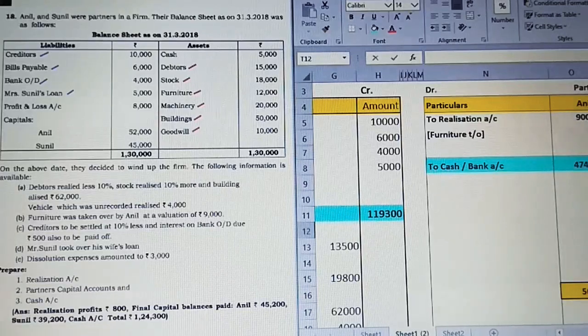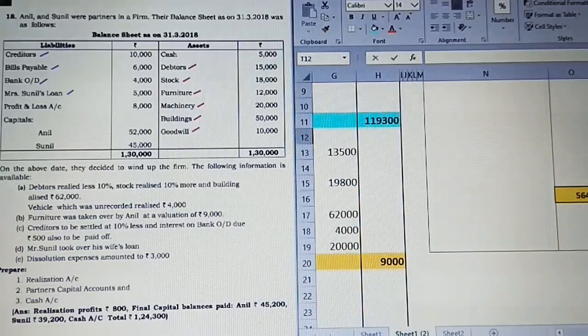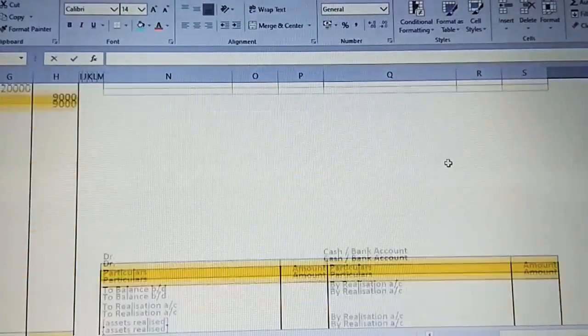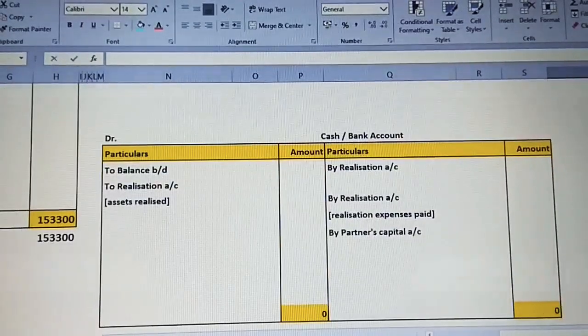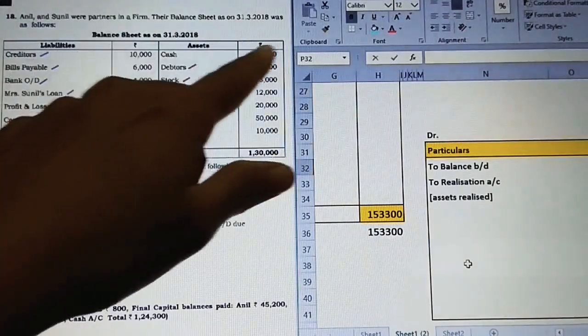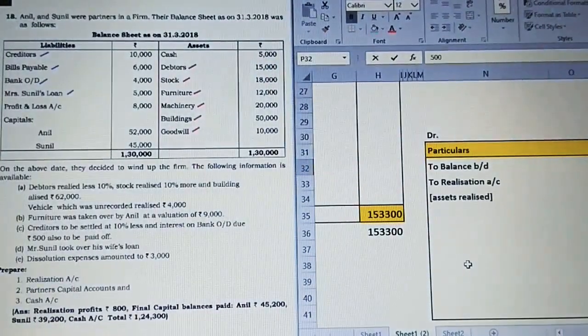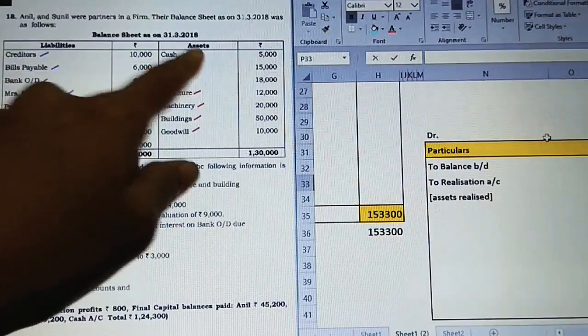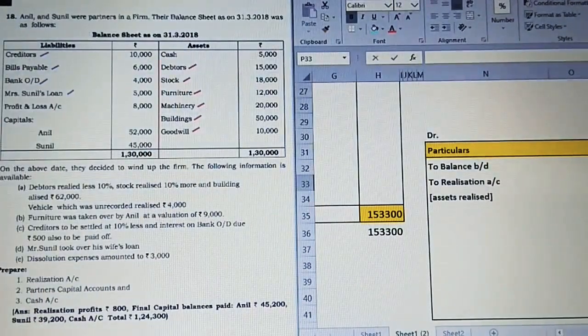Okay, let us see how actually it is being treated. Let's just go for the cash account now. Observe. Moving on to the cash account. First, the cash value, opening balance 5,000, we have to take it. Yes, we have taken. Then from the realization, that is only item to be taken. After that, nothing else.